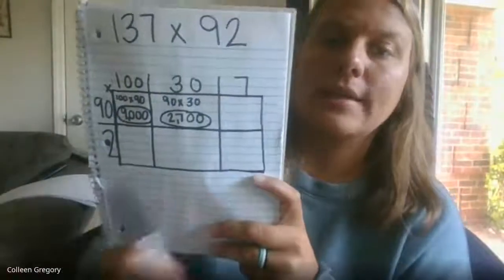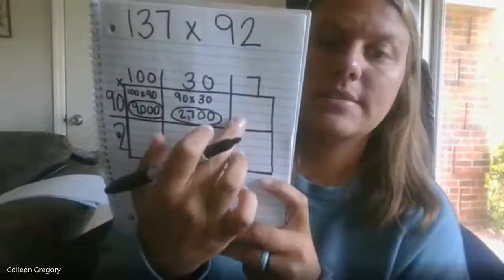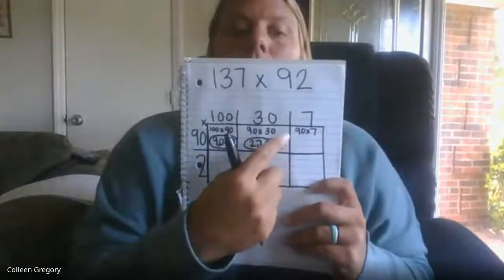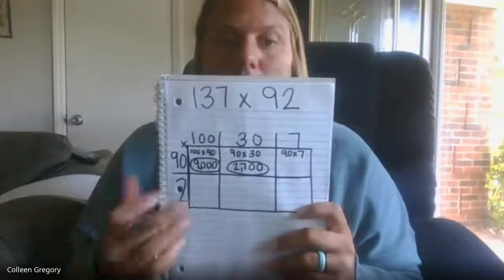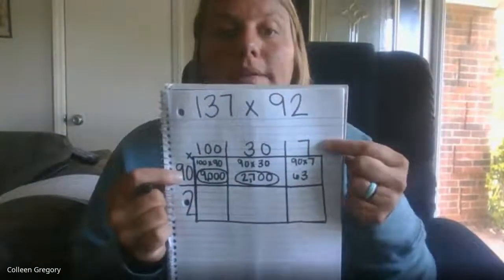Okay, lastly, in this row, I need to multiply 90 times 7. So I'm going to write 90 times 7. Now, I need to think about what 9 times 7 is because I don't know 90 times 7 because those numbers are big. So when I solve 9 times 7, I know that equals 63. Okay, so I'm going to write 63. And then once again, I'm going to count how many zeros hold a place value.